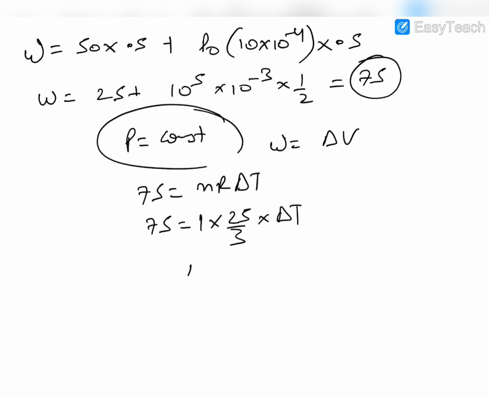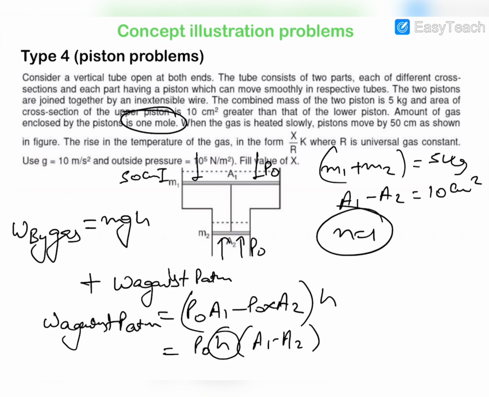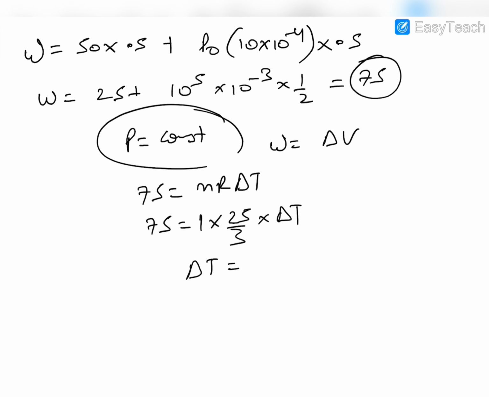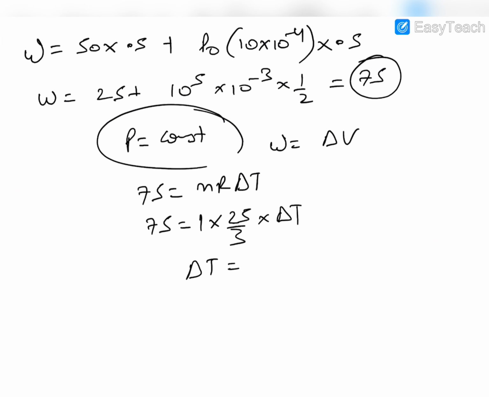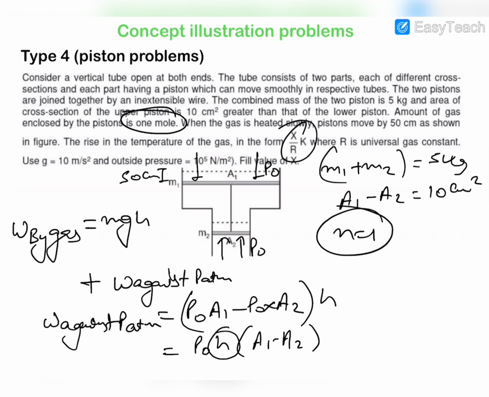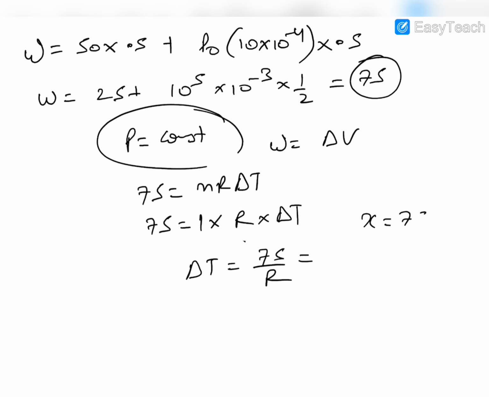So delta T will be equal to X by R Kelvin. So we have to find out the values in terms of R only. So let us substitute the value of R as R. So delta T will be 75 by R. So the value of X will be 75. Thank you.